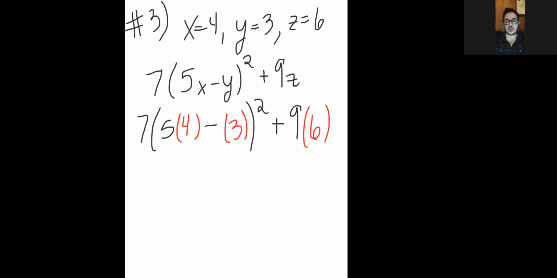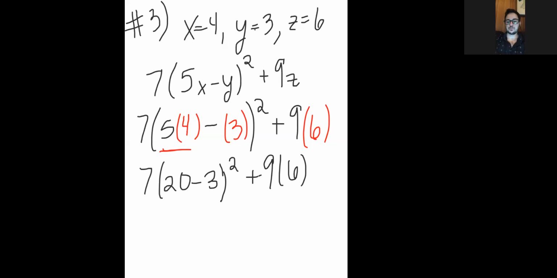Inside the parentheses, we're going to do 5 times 4 first. That's going to give us 7 times (20 minus 3) squared plus 9 times 6. Then we do 20 minus 3, which gives us 17 squared, times 7, plus 9 times 6.